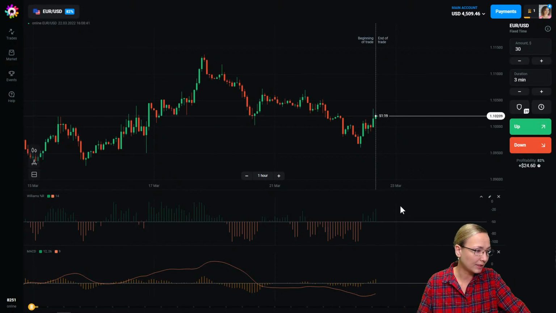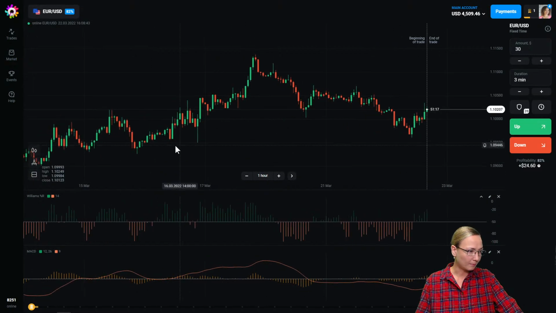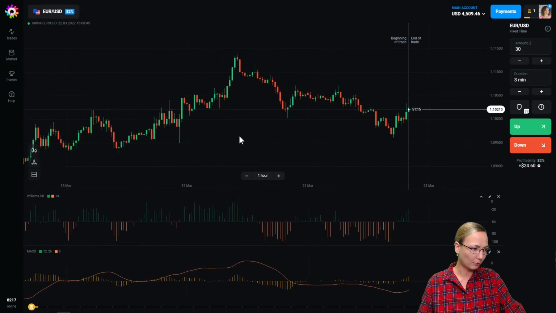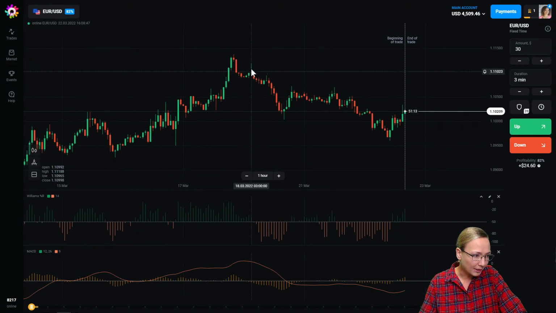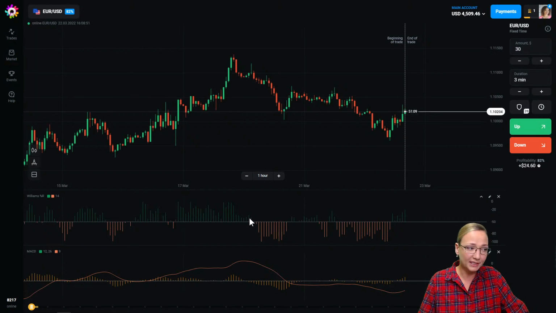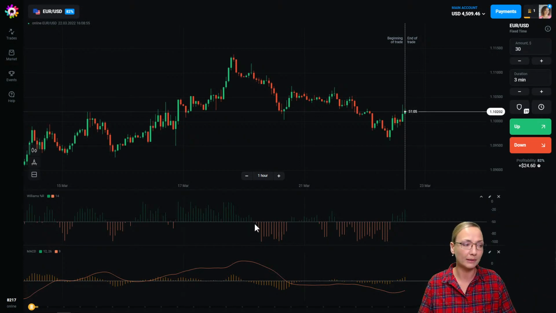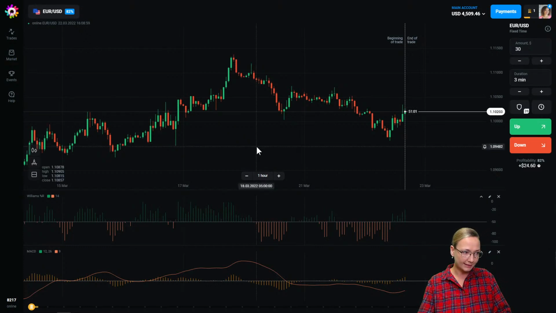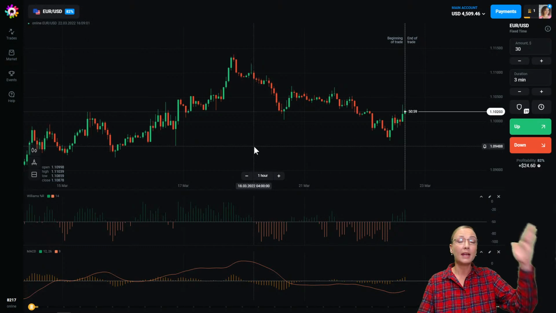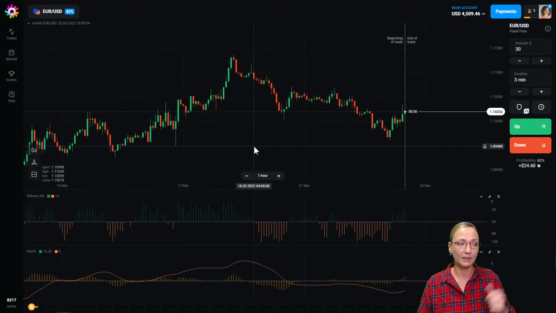So let me just give you an example right here. I hope that you can see right here, the Williams percentage R histogram went below the midline. We have a red bar. And likewise on the MACD, here I think you can see this more clearly, it is also below the midline of the histogram.